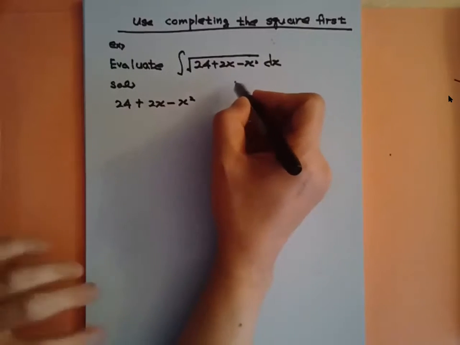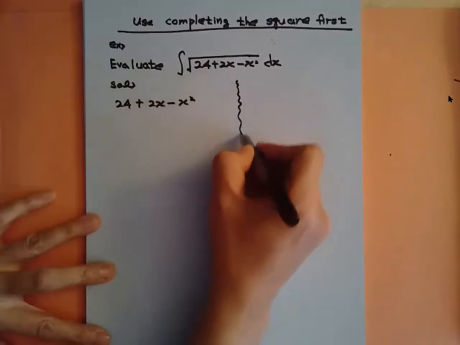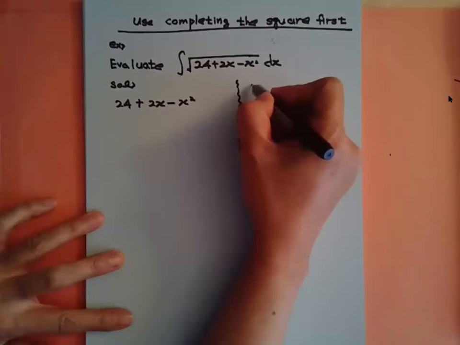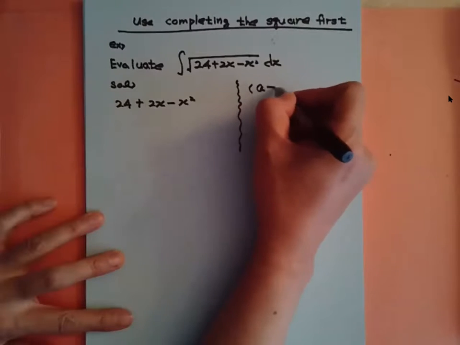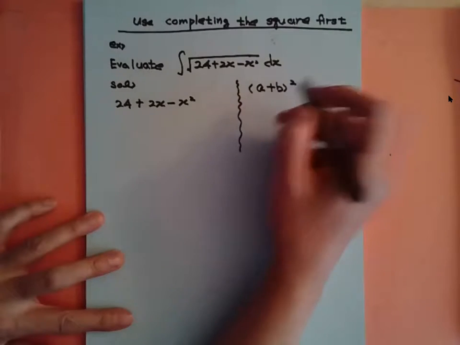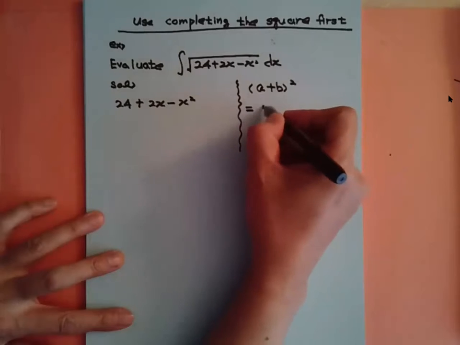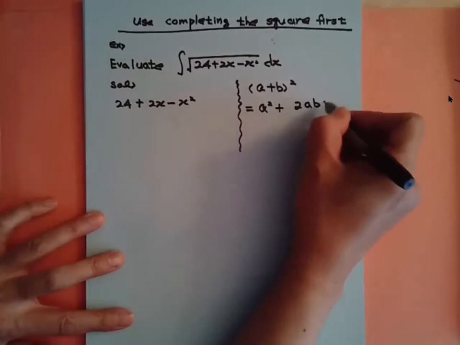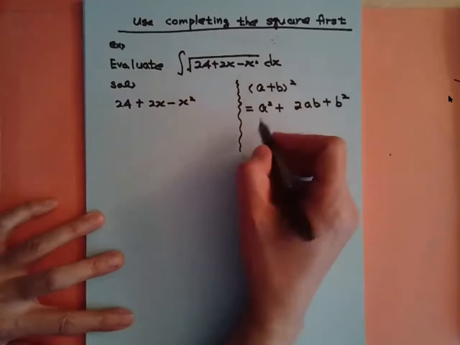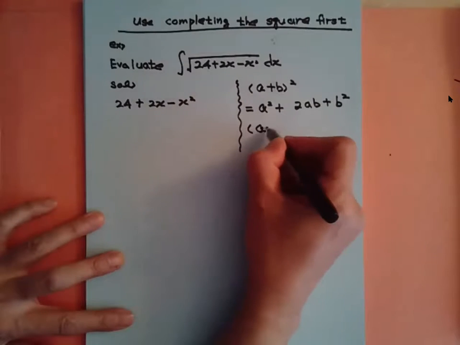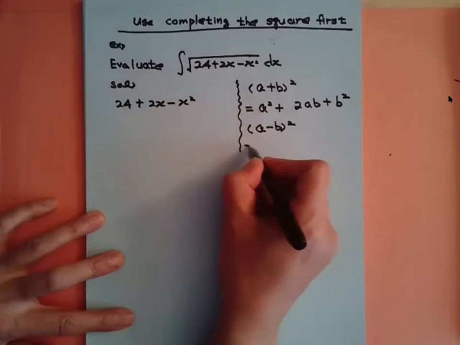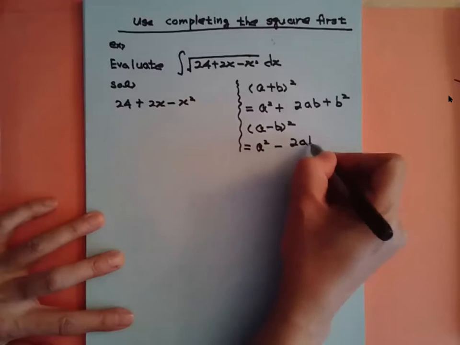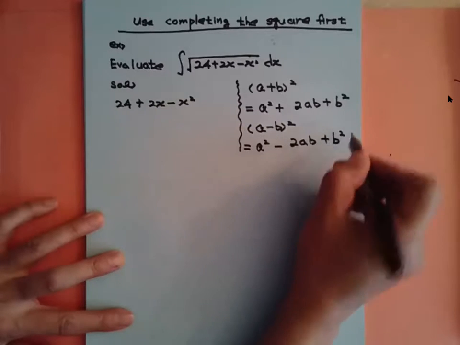So the expansion formula, you have to remember to do that. This type of problem: a plus b squared is expanded to a squared plus 2ab plus b squared, and a minus b squared will be expanded to a squared minus 2ab plus b squared.